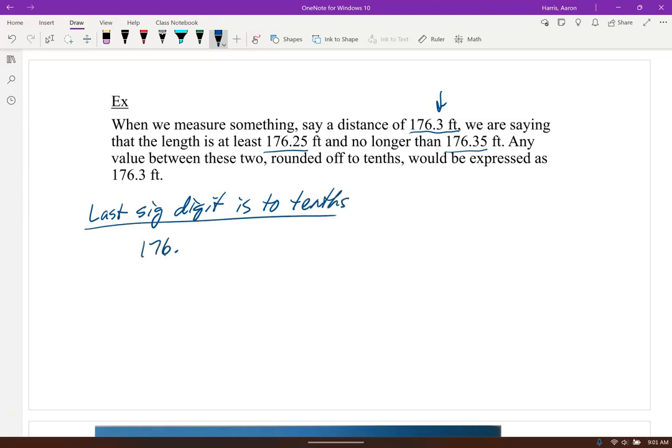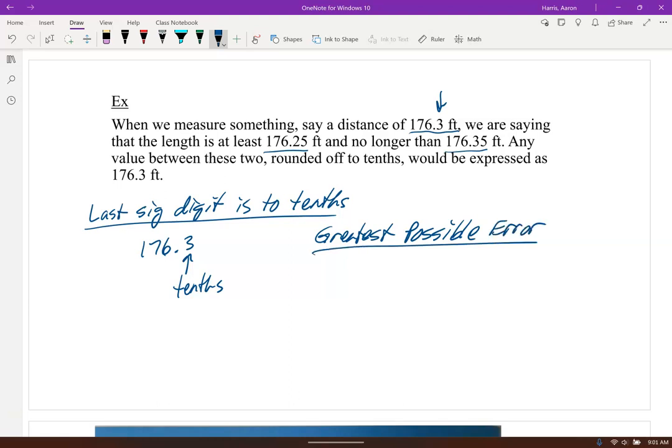So here's 176.3. So if we measure to the tenths position, what's called the greatest possible error is you take that position, so tenths position 0.1, and you take half of it.